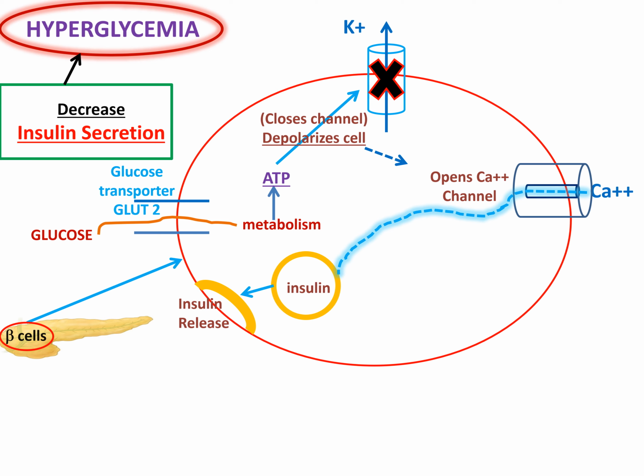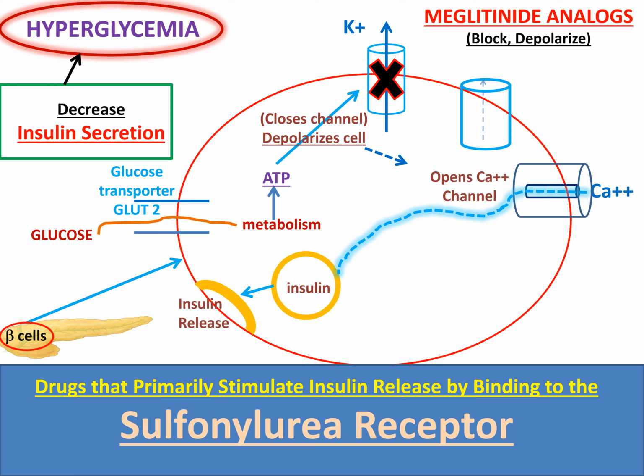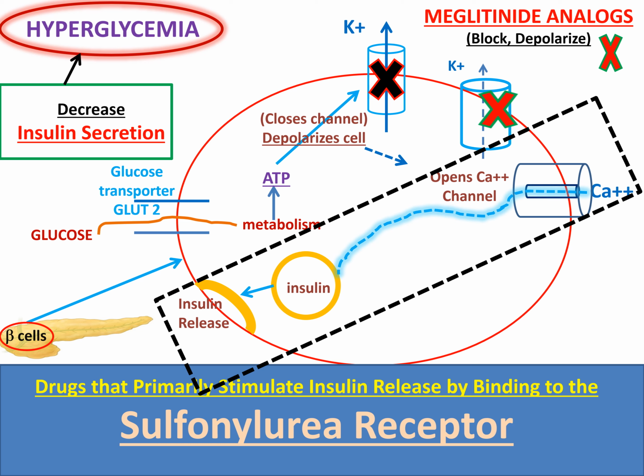A second group of medication that works by stimulating the release of insulin through binding to sulfonylurea receptors is the meglitinide analogs. Now these medications will be blocking the potassium channels, and then the calcium channels will open, and the release of insulin will take place.